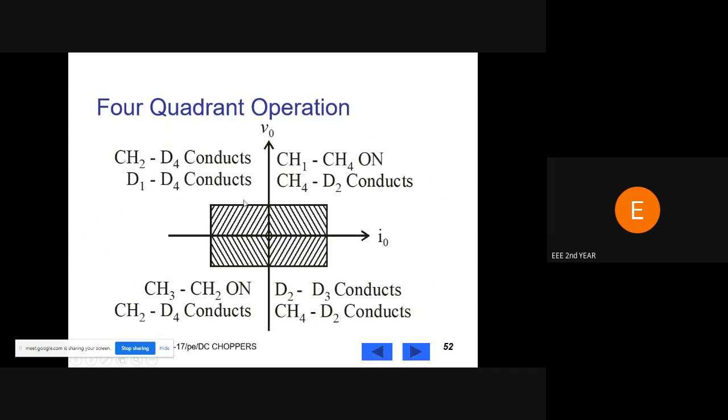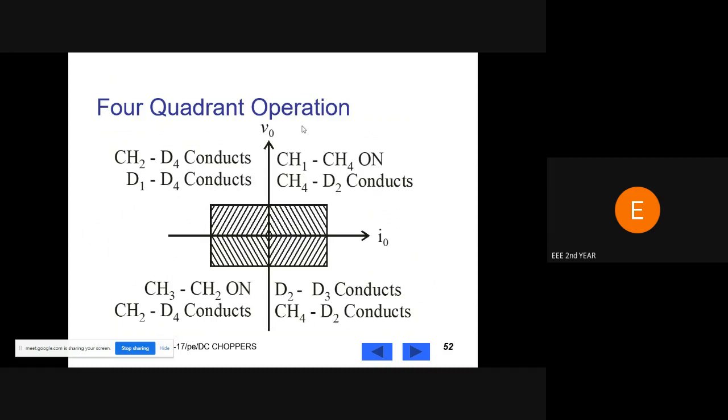The first quadrant is forward motoring, and the second quadrant is forward regenerative braking. The third quadrant is reverse motoring operation, and the fourth quadrant is reverse regenerative braking operation.